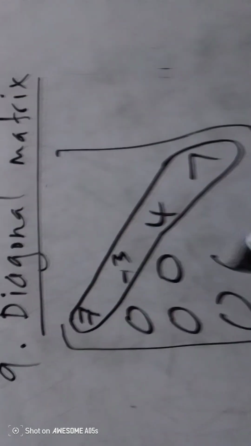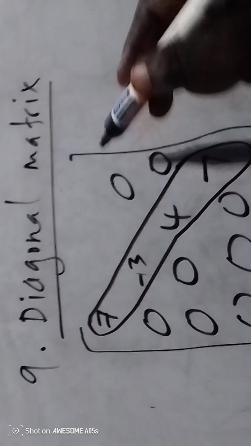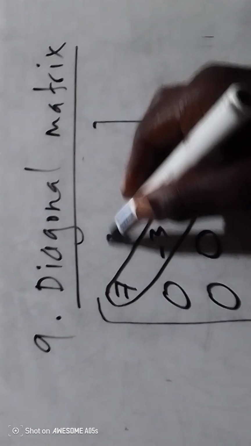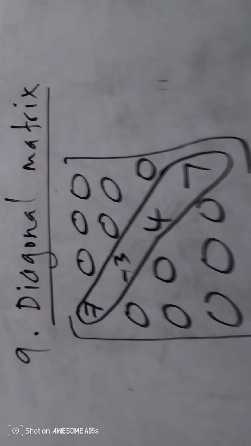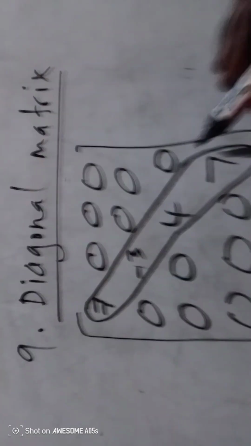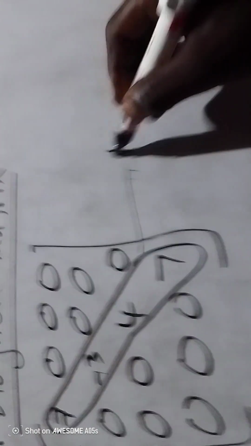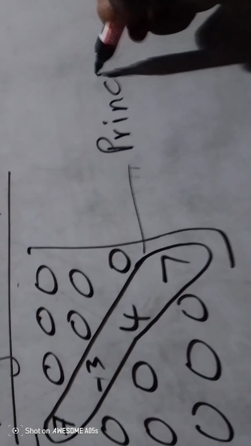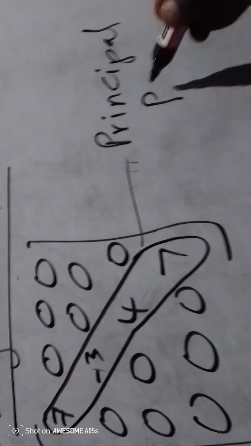So this matrix is what we are calling a diagonal matrix. That is how it is defined. A diagonal matrix is a matrix having zeros everywhere except in this diagonal, which we call the principal diagonal.